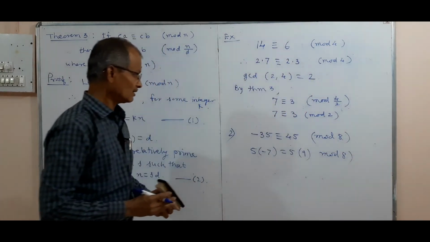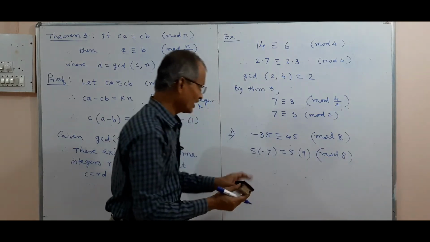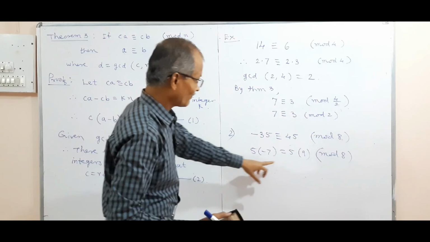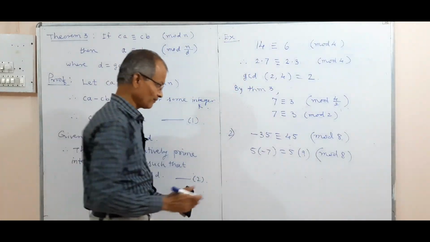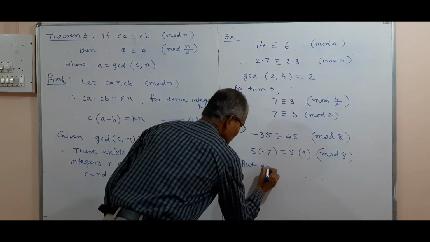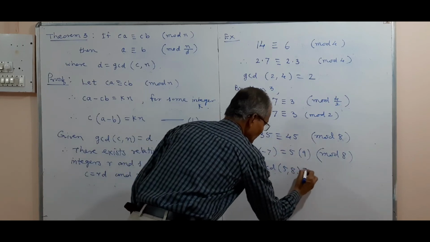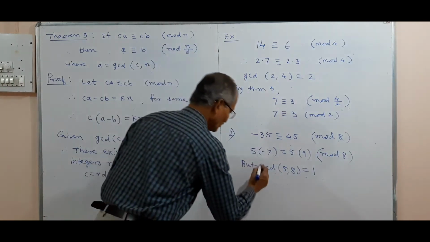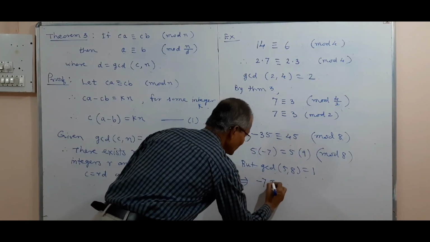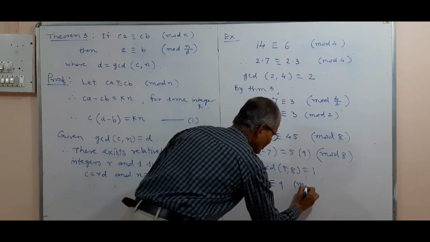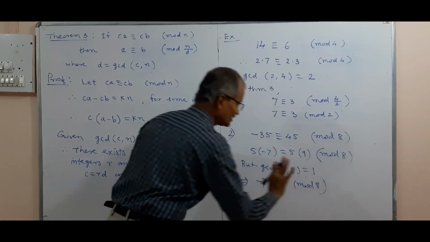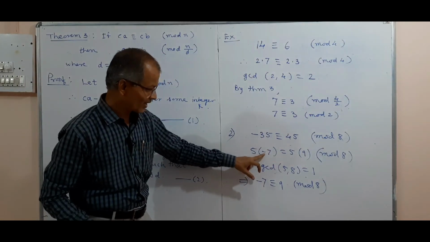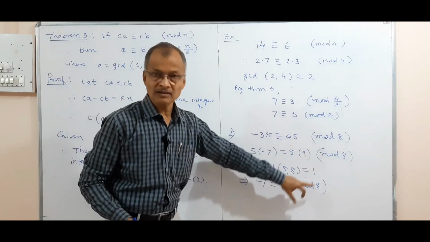But see the GCD of 5 and 8, this number C and N, is 1. They are relatively prime, and therefore we can divide by 1 only. 8 divided by 1 is 8. So this implies minus 7 is congruent to 9 modulo 8. Here direct cancellation holds. We have cancelled 5 and we get minus 7 congruent to 9 under the same modulo.